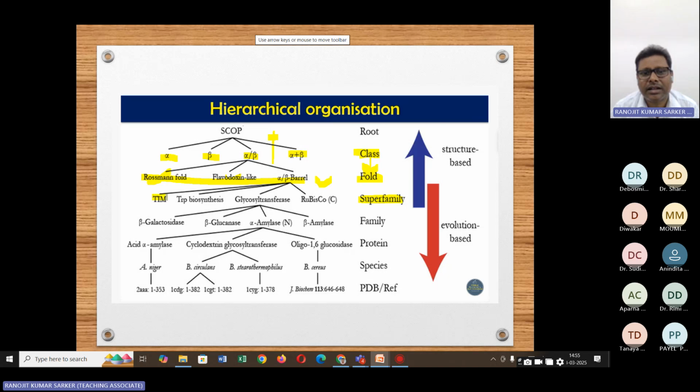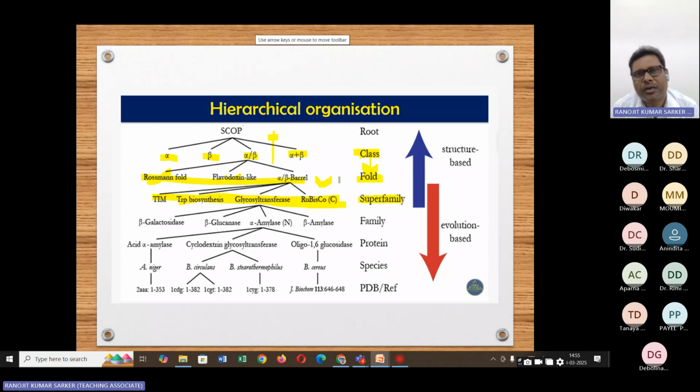Here you see there are many superfamilies: TIM superfamily, tryptophan biosynthesis superfamily, glycosyl transferase superfamily, Rubisco superfamily. Earlier we discussed that superfamilies share a common shape, but their sequence similarity among the proteins will be very poor, less than 30% sequence similarity.